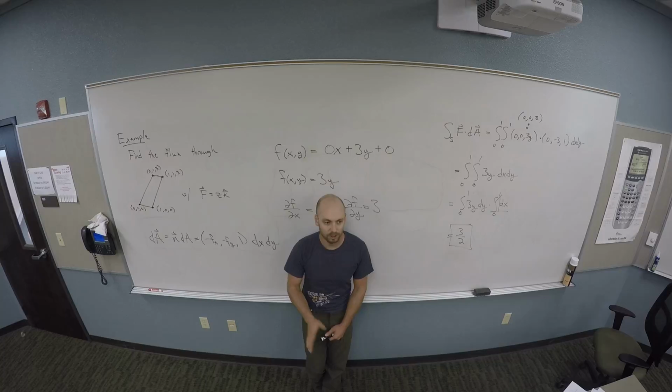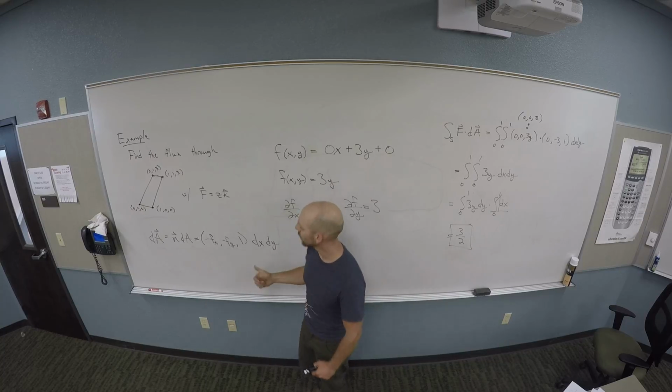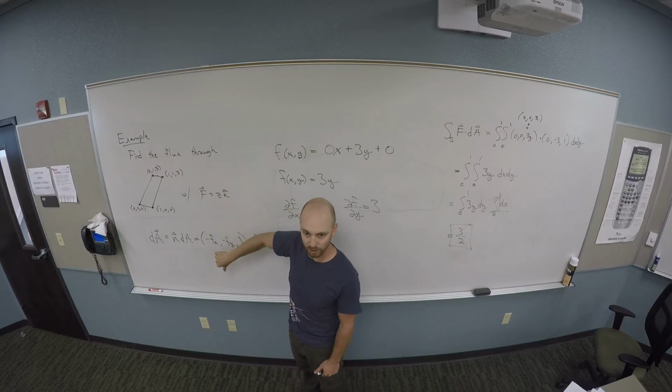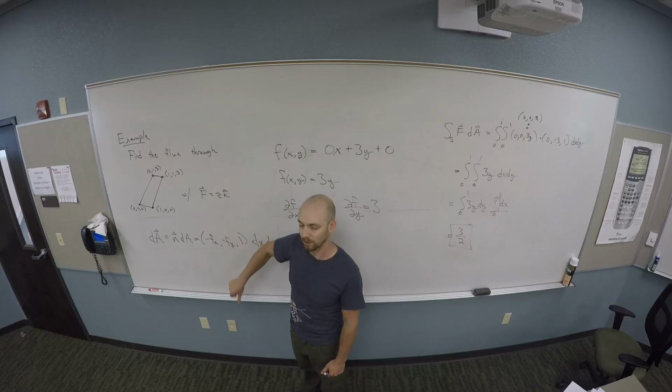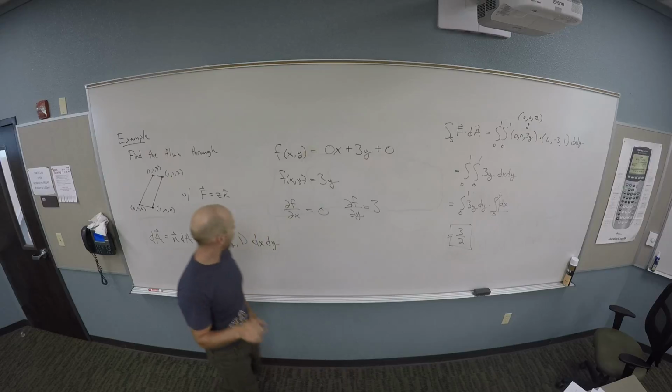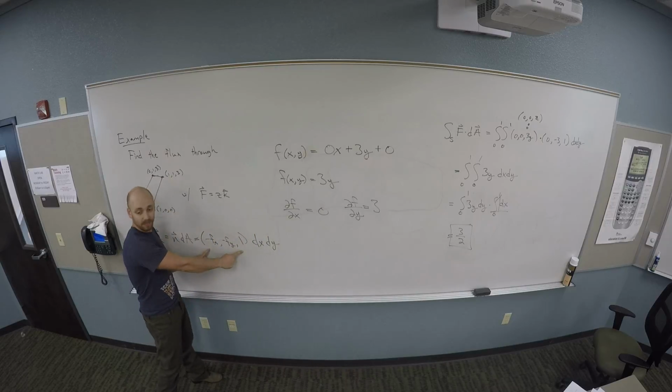We should spend a second talking about orientation here. Is this the flux going through the surface that way or through the surface this way? We're measuring the unit vector up, however. Yeah, so I formulated this thing by taking the x partial and crossing it with the y partial, right?